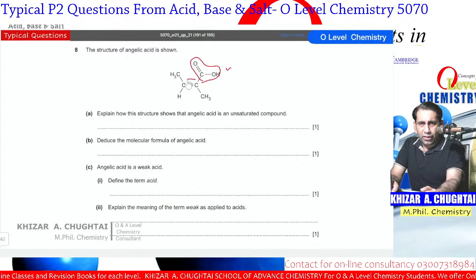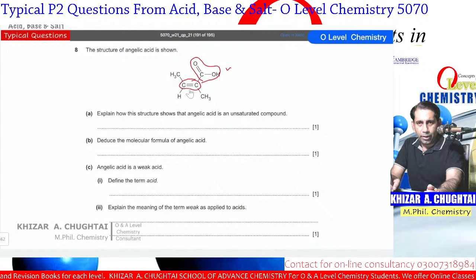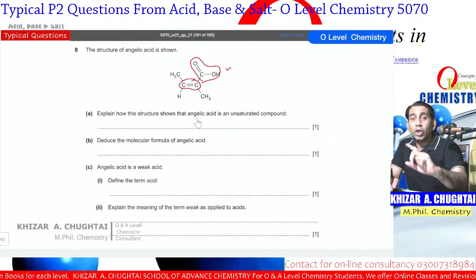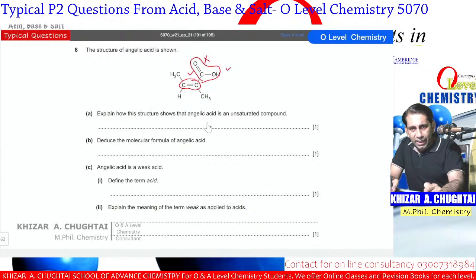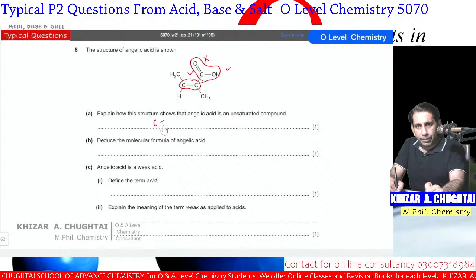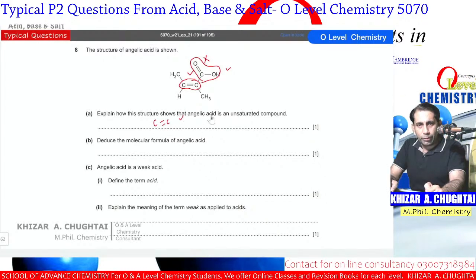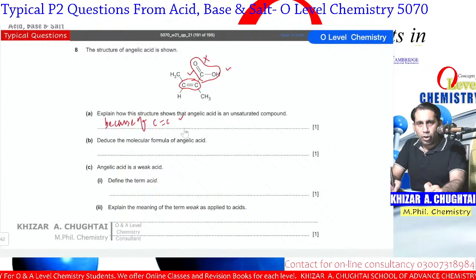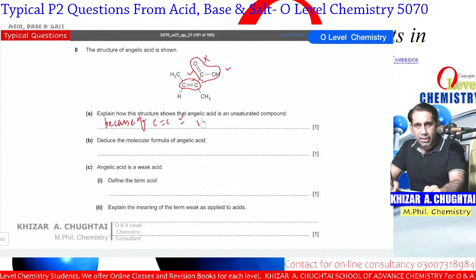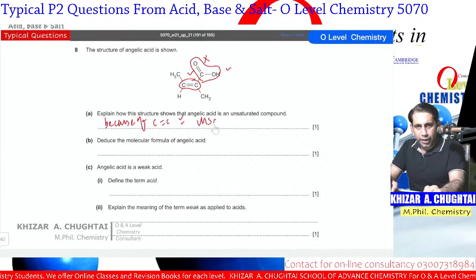By the way, if a compound is having a carbon-carbon double bond, because of the CC double bond, it is said to be unsaturated.